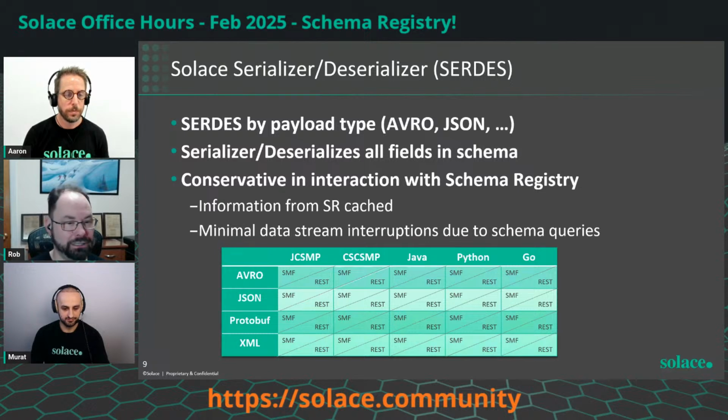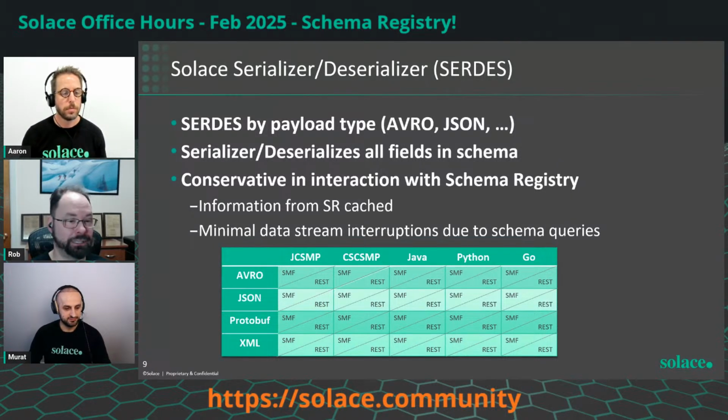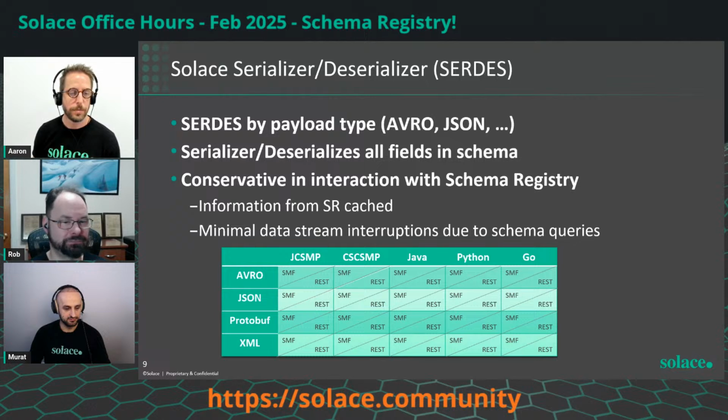So what we see is a very large number of SERDES artifacts coming from Solace as we begin to roll this out. One question we have for customers when we meet with them is, which ones are important to you? So we make a prioritized list and roll that out according to our customers' priorities.